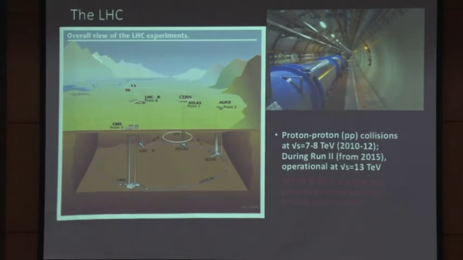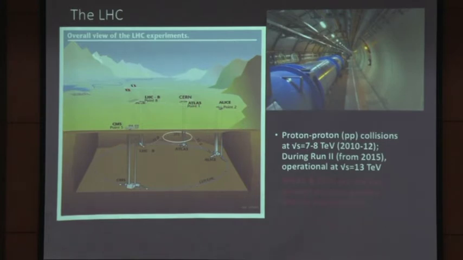Center of mass meaning, as I heard Sanjeev was explaining, each beam, if you sum them up in the center of mass frame, you just get that energy. So when I talk about the square root of s, that's the total energy available for particle production. It was initially 7 and 8 TeV, and now it's 13 TeV.